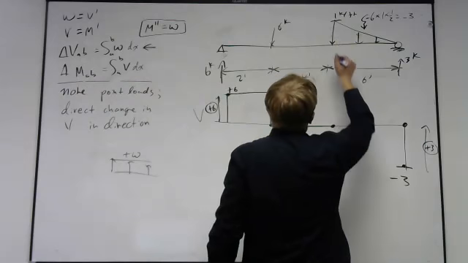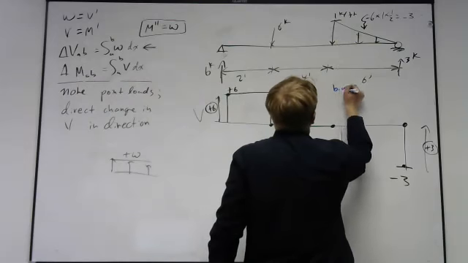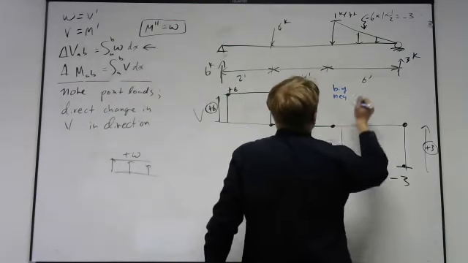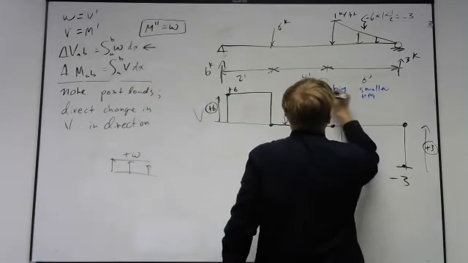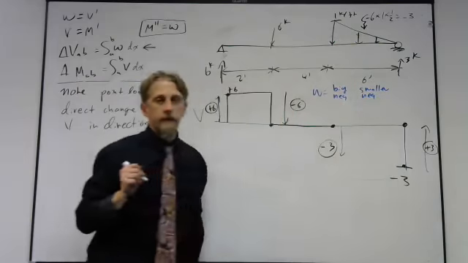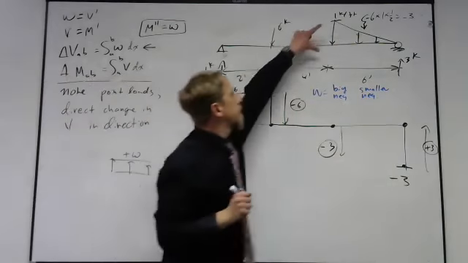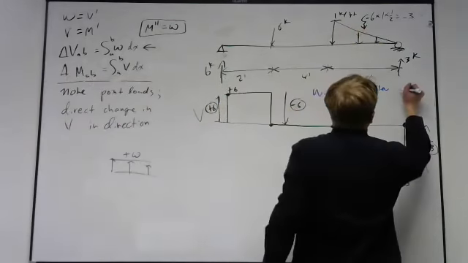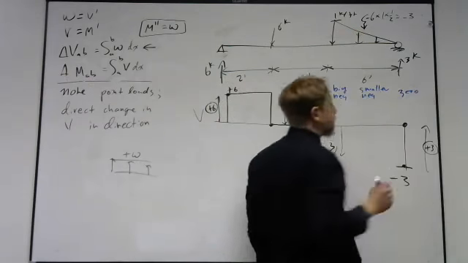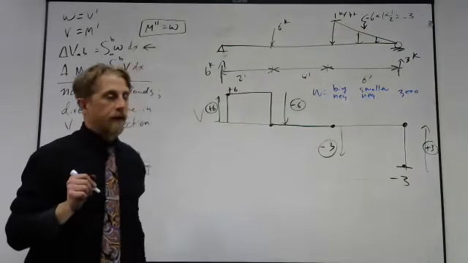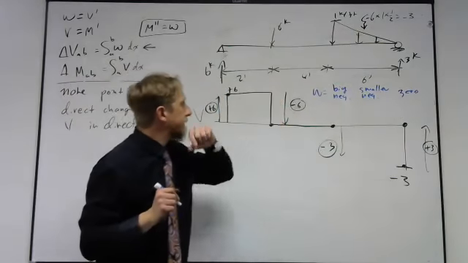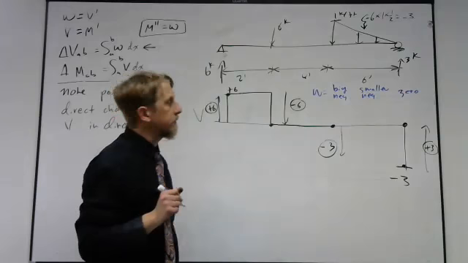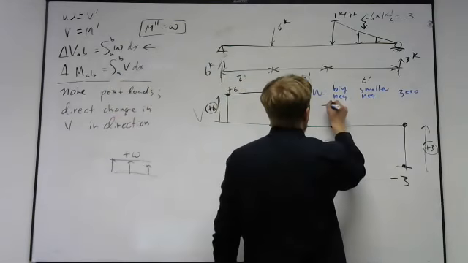Well, W goes from, I'm going to call it a big negative to a smaller negative. So this is W. Big negative, smaller negative, and then 0. Big negative, small negative, 0. And that's also V prime.